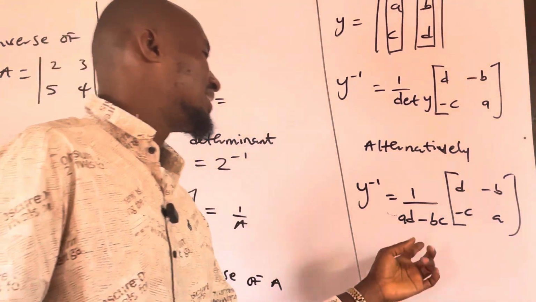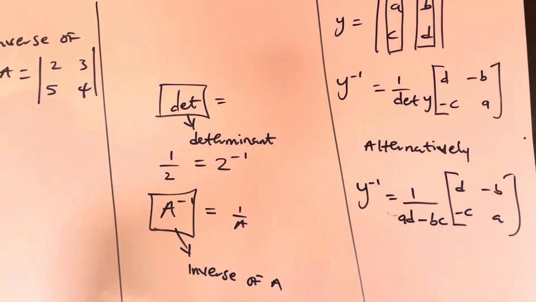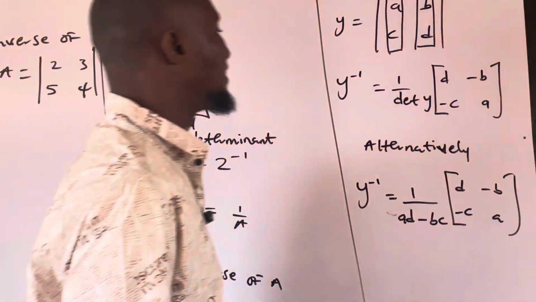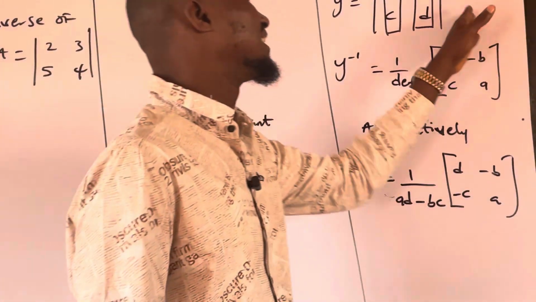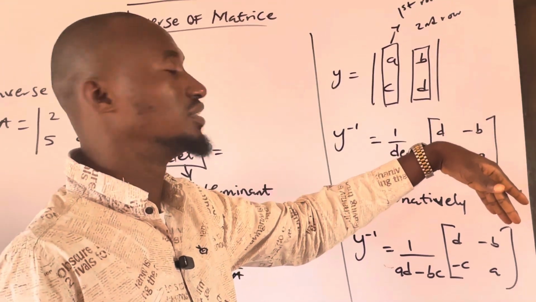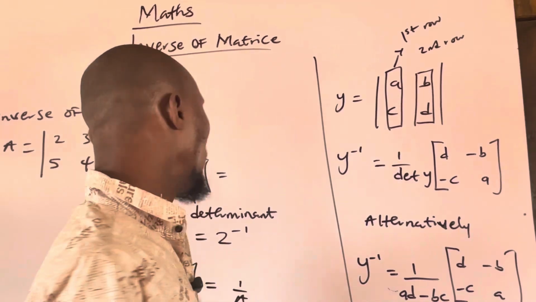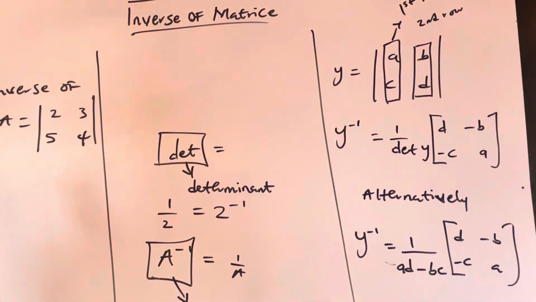Do you understand? The alphabet here will become negative, all of them will be negative. Did you understand? So this is the formula for inverse of a matrix. Do you get? So that is why I wanted to understand this concept before we dive into a simple example.